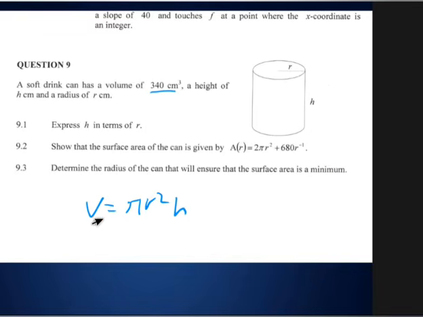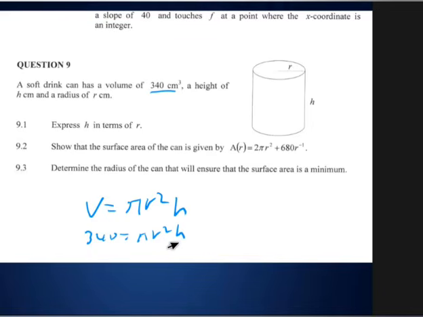So let's continue. So now we've got pi r squared h. Okay, fine, there's nothing to manipulate. But we have the volume, right? So now we can say 340 is equal to pi r squared h. Now they ask us to represent h in terms of r, so we have to make h the subject of the formula.